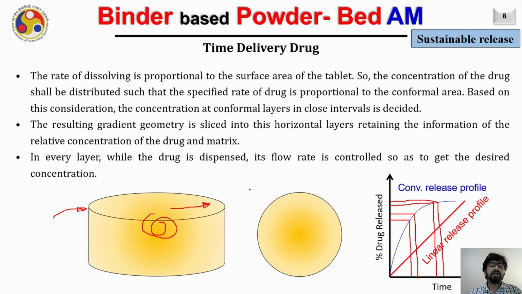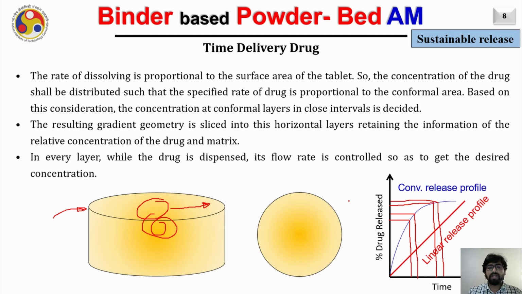As the surface area is high, the amount of drug will be some value, maybe A. Then after some time, the drug has been dissolved and the front has reached another location. Now the surface area has reduced. As the surface area has reduced, we need to have more drug concentration in that zone so that you again get the same required amount A of the drug in that time interval. Such a sustainable release, or desirable release, can be easily obtained when you have local control of loading the drug into the tablet.